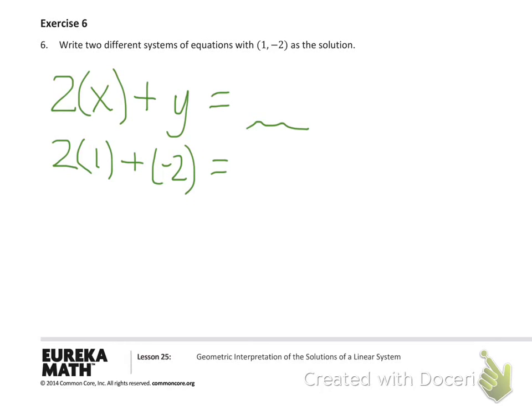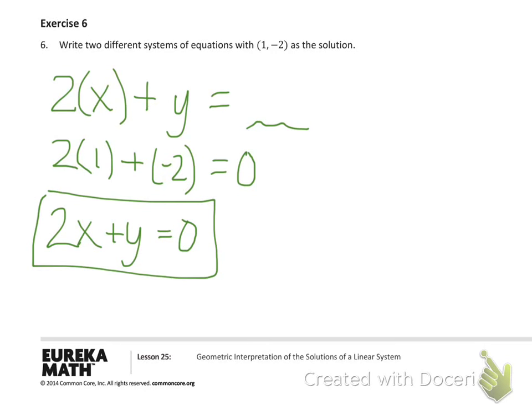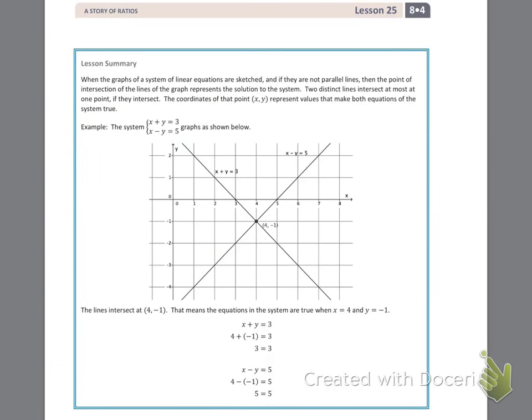Ooh, that equals 0. So for 2x plus y, I could have the equation 2x plus y equals 0. And then I would need to find another equation that had 1, -2 as a solution. Okay, so that's your challenge to work at on your own.